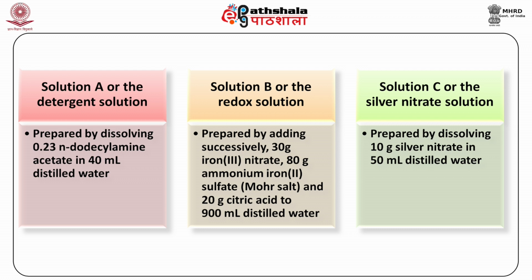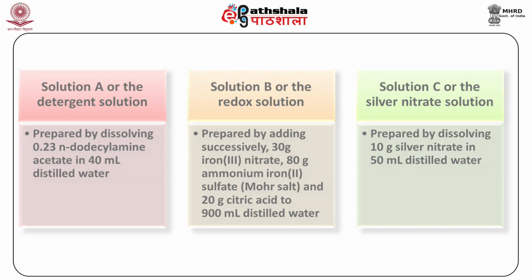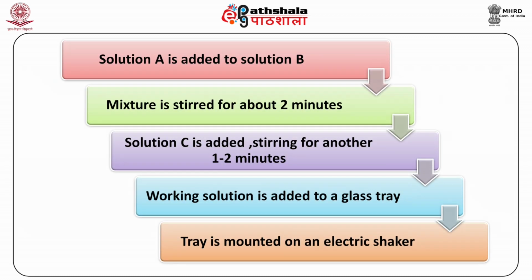Then solution C or the silver nitrate solution. It is prepared by dissolving 10 gram of silver nitrate in 50 ml of distilled water. The solution is stored in a dark place. The working solution is prepared as follows.